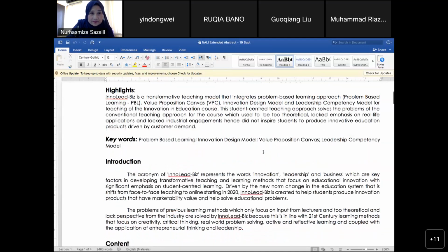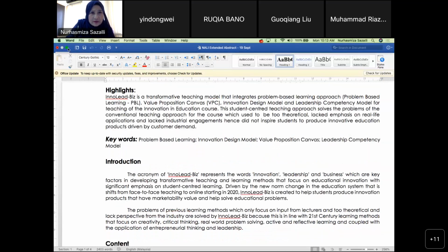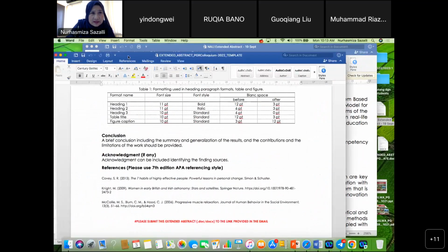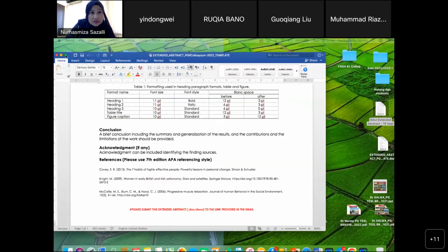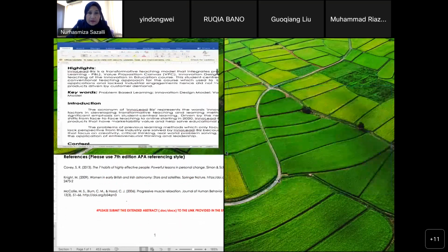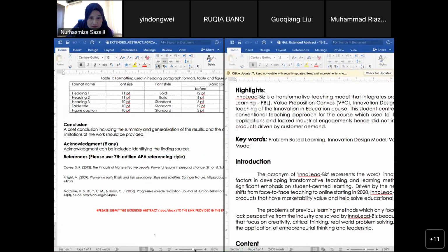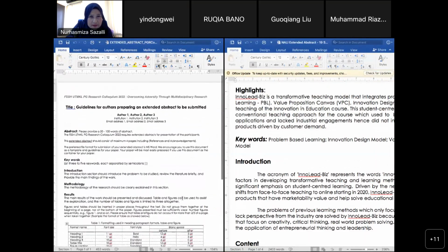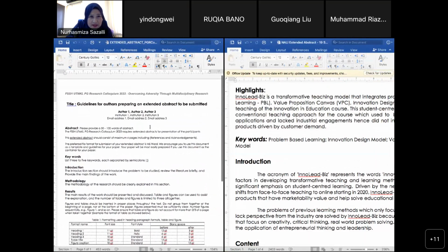But you see there's a different format here as compared to the format that I gave you just now. For our abstract, we have abstract, and then keywords, and then introduction.